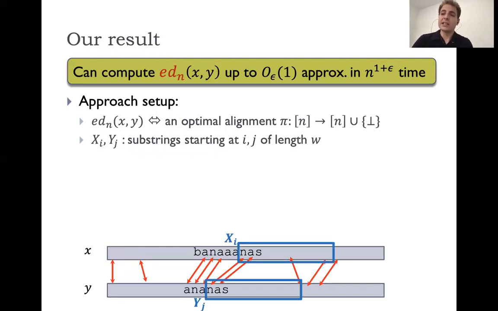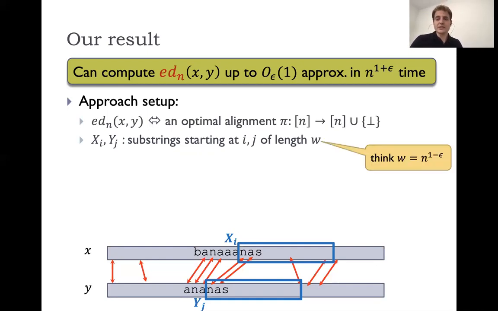And instead of looking at characters, some of the earlier work showed that it may be useful to look at intervals, which are substrings of length w of x and y. We can define those intervals as x_i, for example, which is a substring that starts at the letter i and is of length w over x.